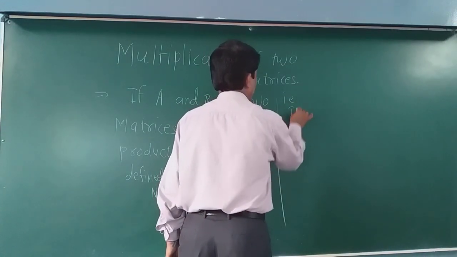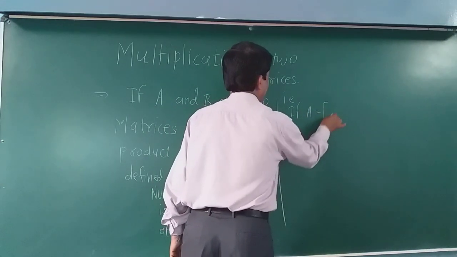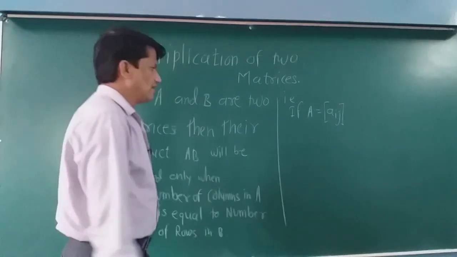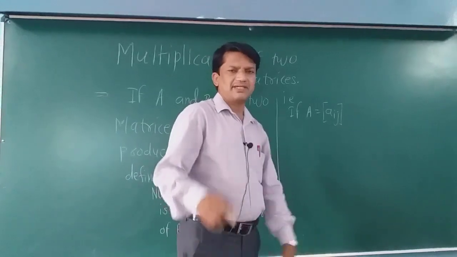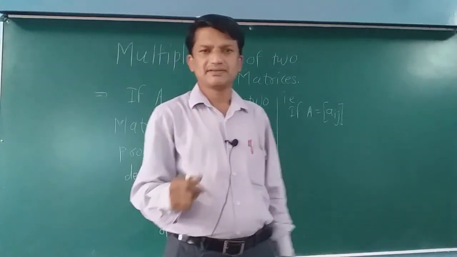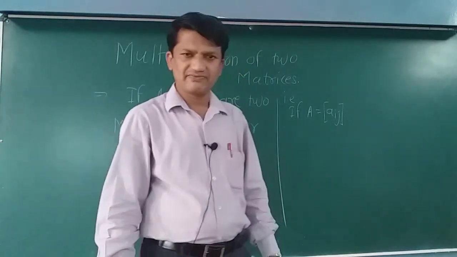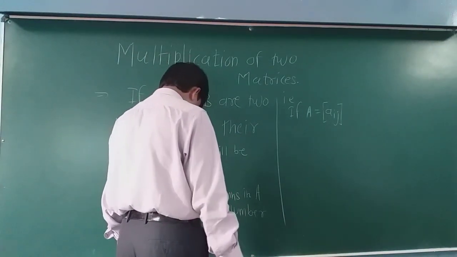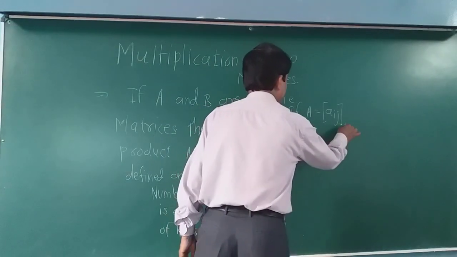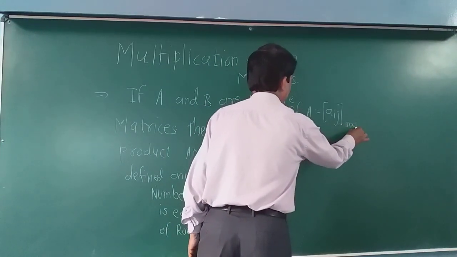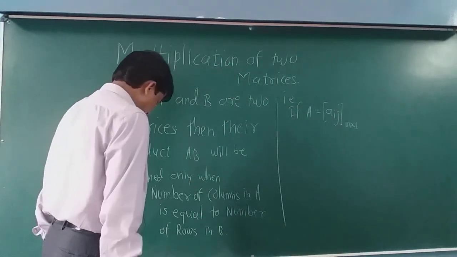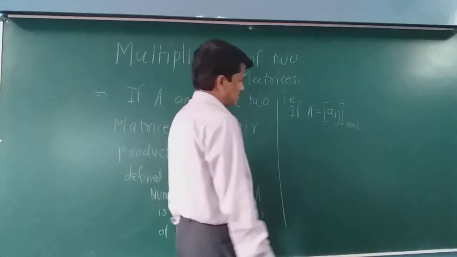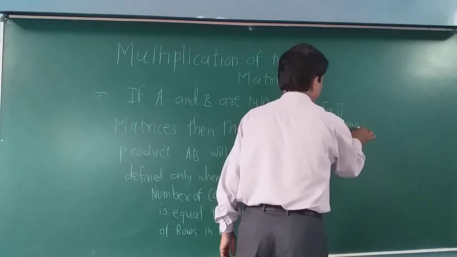In a simple way we can write it as: if matrix A equals Aij, this matrix is given. Aij means the elements in a matrix, and the order of this matrix is m by n.